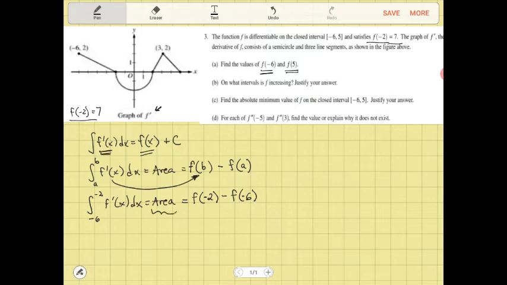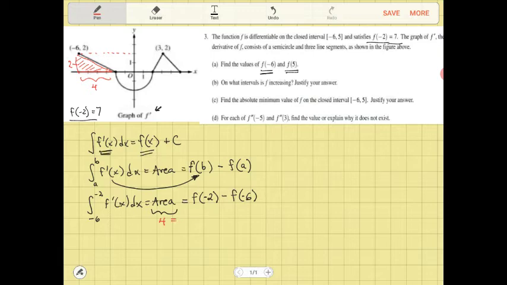We can easily get that area. Let's see, the area under the curve looks like a triangle to me. So this is a triangle of base 4 and height 2. So it has an area of 4 times 2 divided by 2, which is 4.